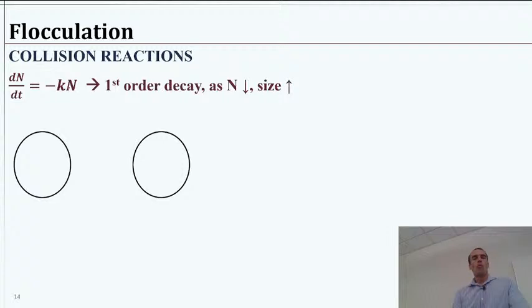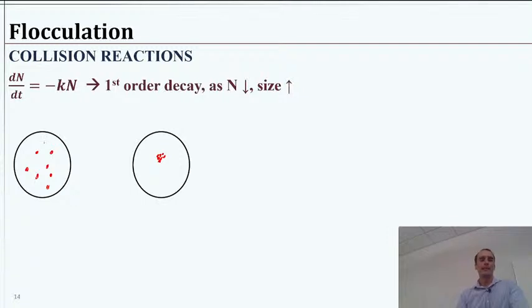So for particles colliding and making larger particles, what this will look like, if we just take some piece of the water, some little parcel here, and we have lots of little particles floating around, we want them to meet. Let's see, I have 1, 2, 3, 4, 5, 6, 7. What we want is for them to cluster up into one larger particle.